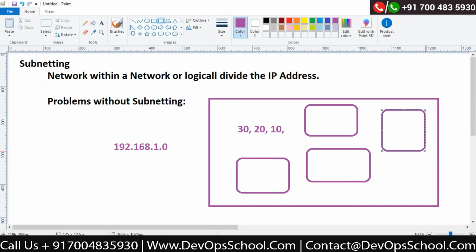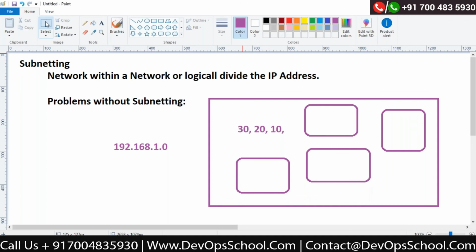So subnetting is nothing but dividing a single network into logical multiple parts. We will see how. This is the problem without subnetting: if you do not subnet, there is a compromise in manageability, usability and security.